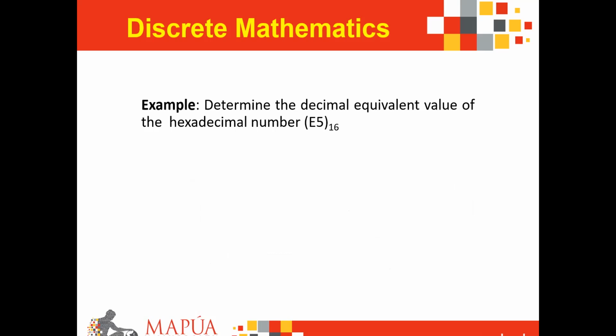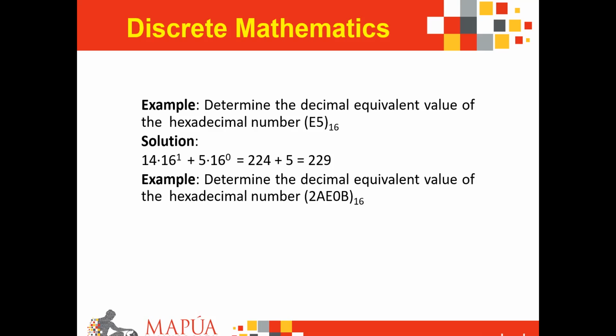Here's one example when converting a hexadecimal number to a decimal number. Let's say you have E5, which is base 16. E represents the value 14 times 16 raised to 1 plus 5 multiplied by 16 raised to 0. Therefore, you end up with a value of 229. Another example would be the hexadecimal number 2AE0B.